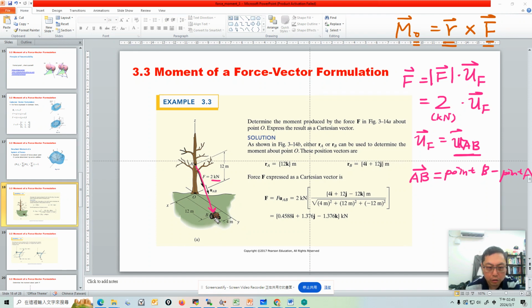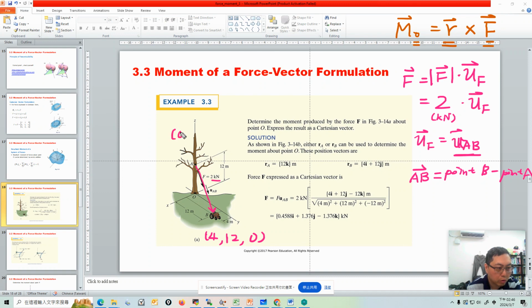Okay, what's the position of B? I hope you can read the coordinates. Be careful: the x-axis is here, the y-axis is here, the z-axis is here. So x is 4, y is 12, and z I think is on the ground, so z is 0. What's the coordinate of A?